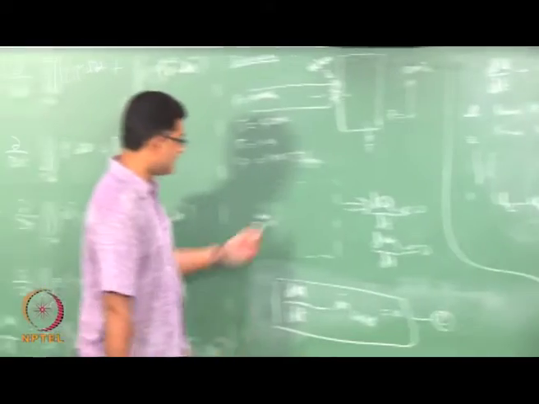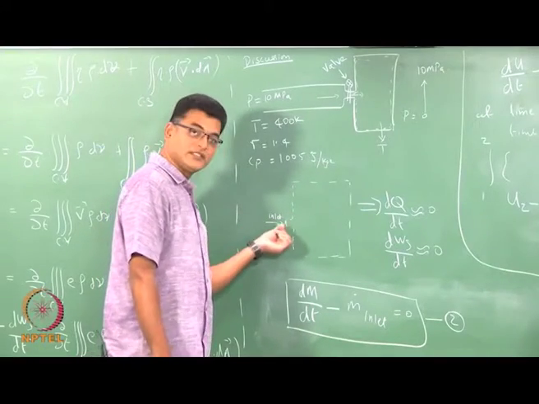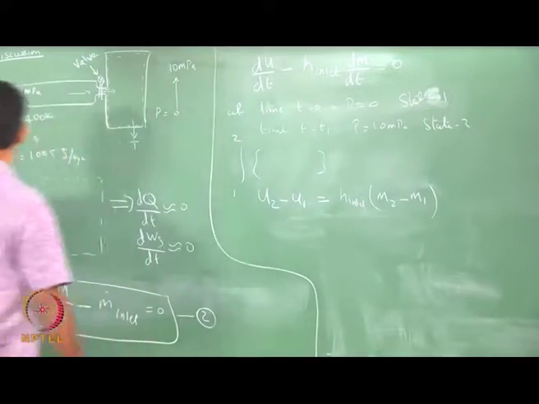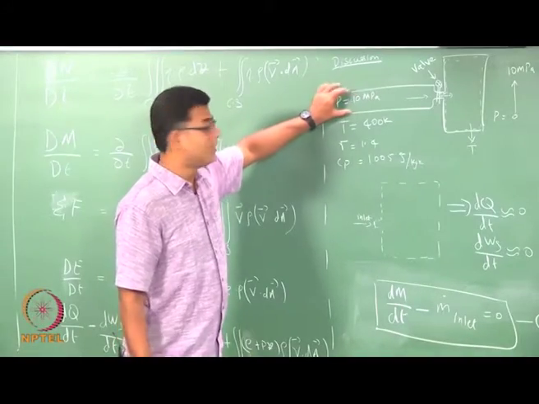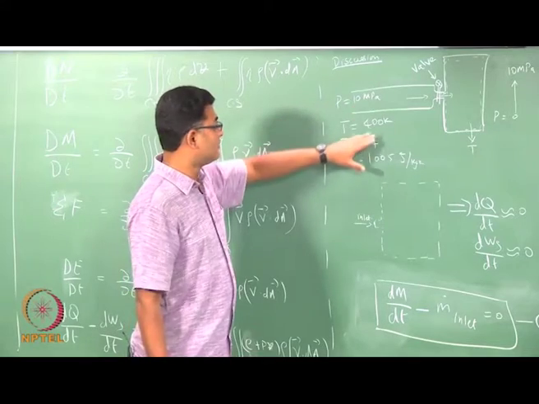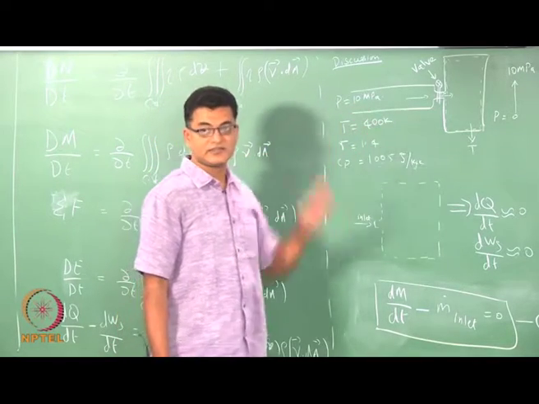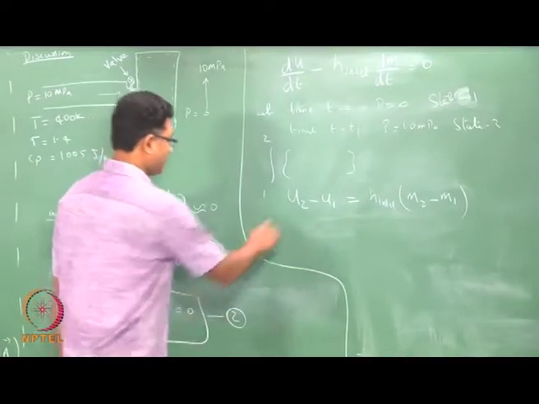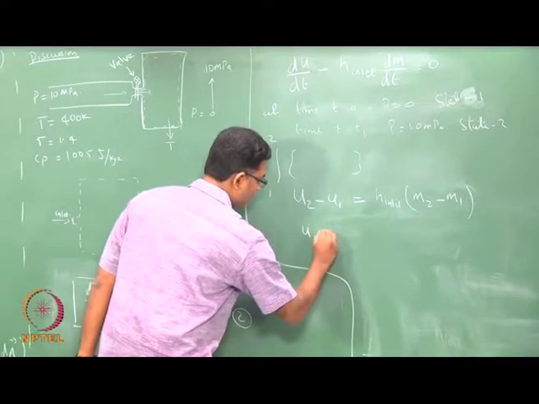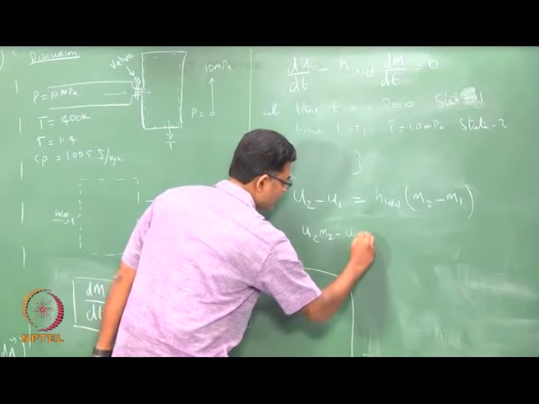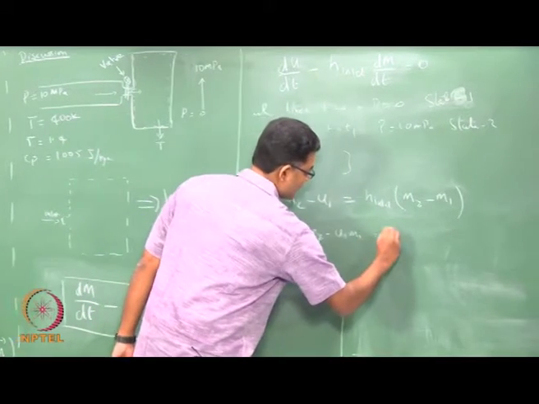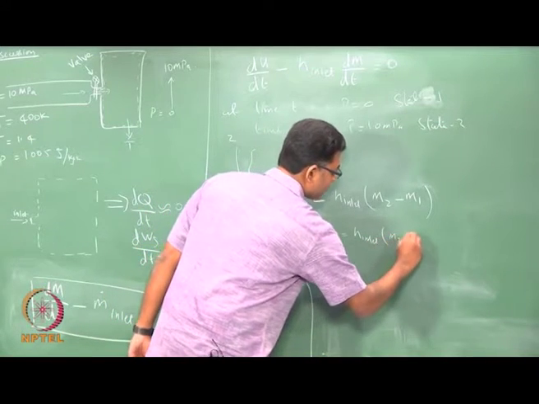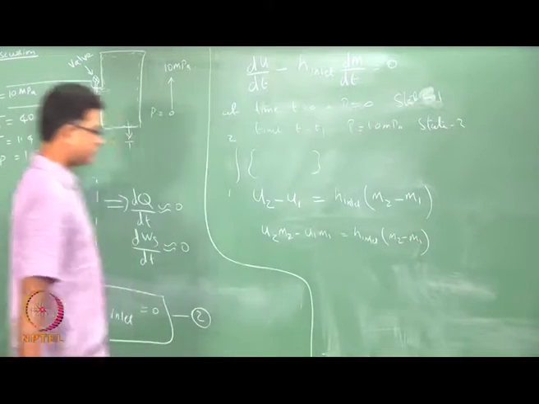Okay. So, the enthalpy of the fluid that is crossing this control surface is always the same, because you have a constant supply of 10 megapascal 400 Kelvin gas. Okay. So, that is always constant. So, U2 is small u2 into m2 minus small u1 into small m1 equals H inlet into m2 minus m1.